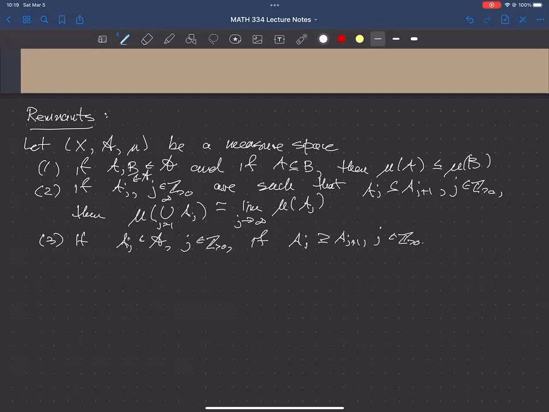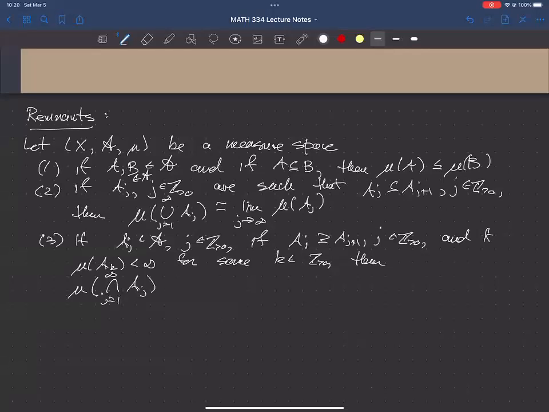And here I need to add an additional condition that at least one of these sets has finite measure. Then you have a similar sort of property as in the previous situation, except for intersections. So mu of the intersection over j equals 1 to infinity of A_j is equal to the limit as j goes to infinity of mu of A_j.